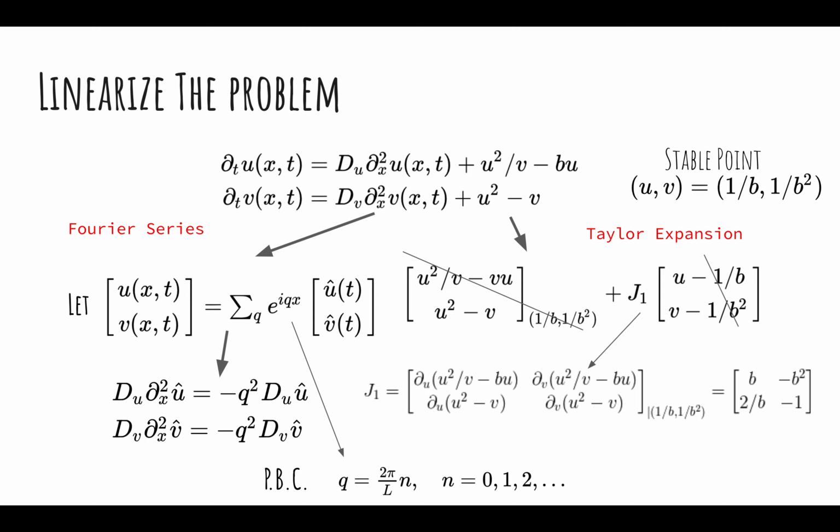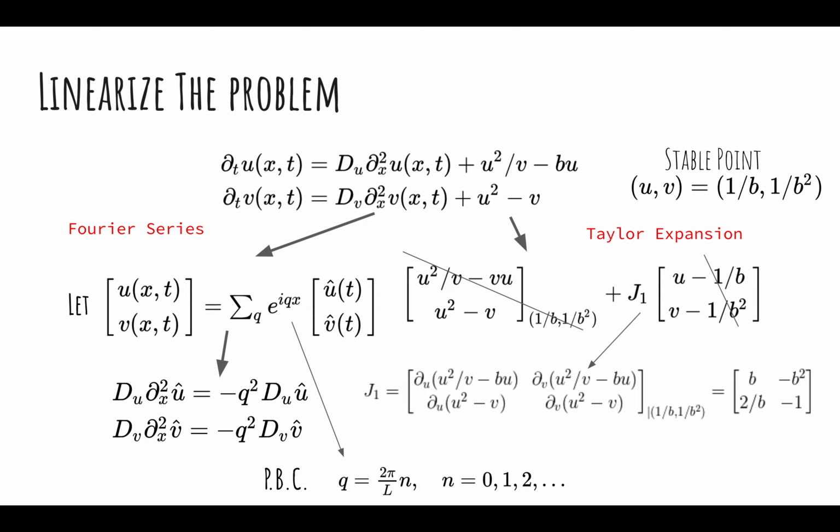When we use a Fourier series, we write u and v as a combination of different frequency modes, and the solution is a combination. Sort of, we separate each mode into the spatial part and the temporal part.